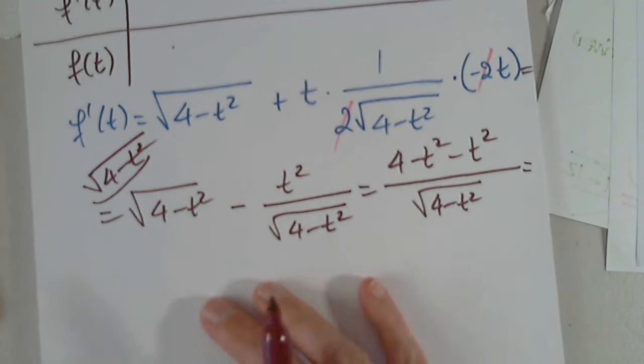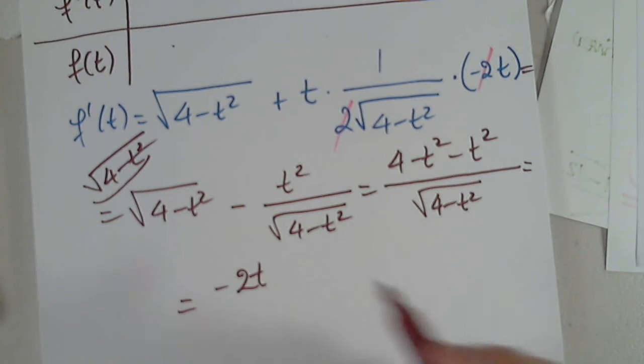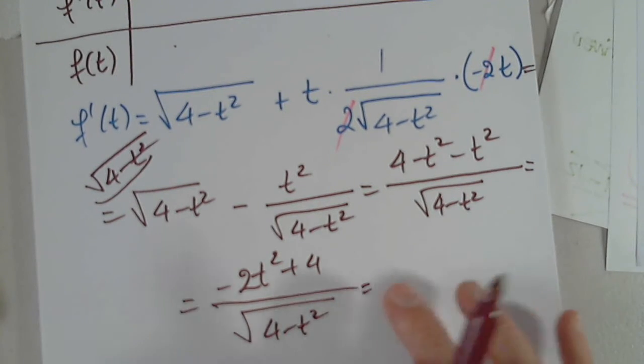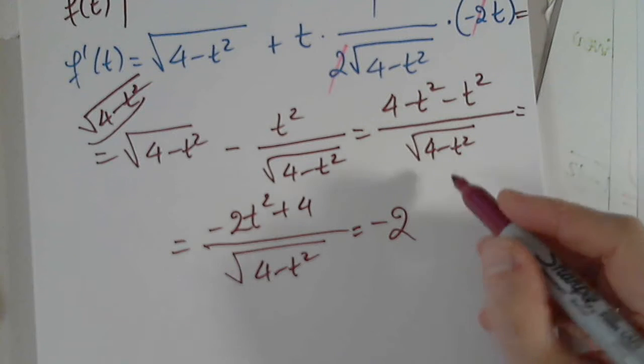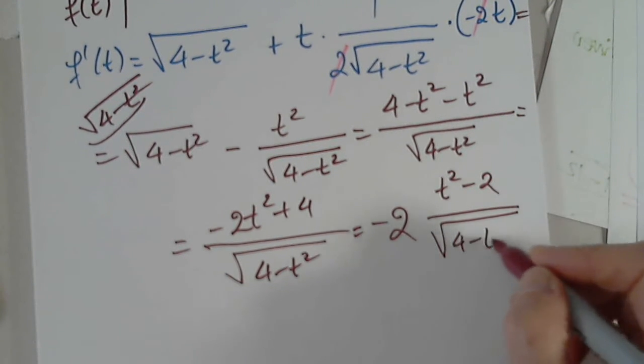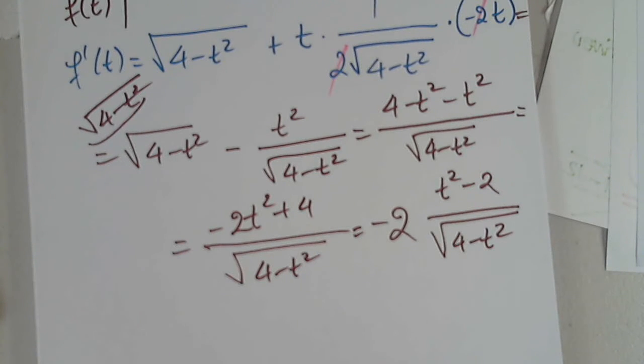Okay, I combine like terms. I get -2t squared plus 4, over the square root of 4 minus t squared. You know me already. I will factor out -2, and I get t squared minus 2 over the square root of 4 minus t squared. If you get into the habit of doing this at all times, you will always make everything as simple as possible. Good.